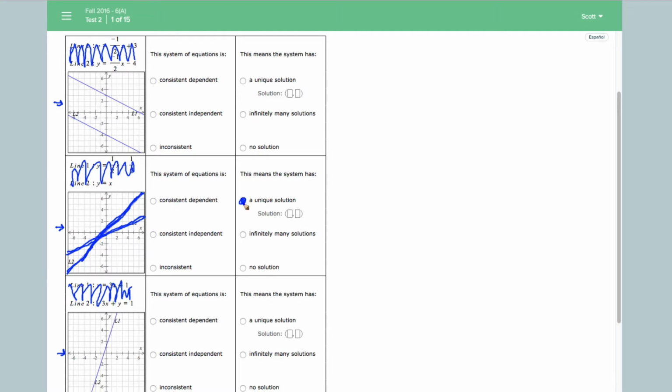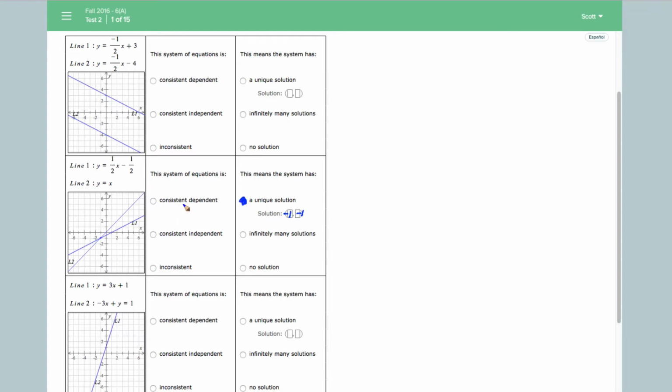So when they pass through each other, or intersect once, that means that they have one unique solution. And that solution is wherever they cross. So if I look at just where they cross, I can see right there at -1, -1. So that's going to be what I put here, -1, -1. And so that's that unique solution.